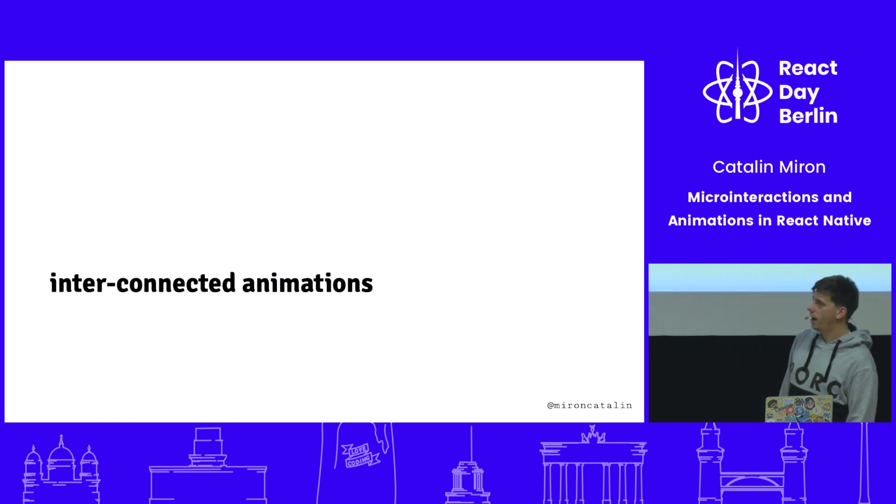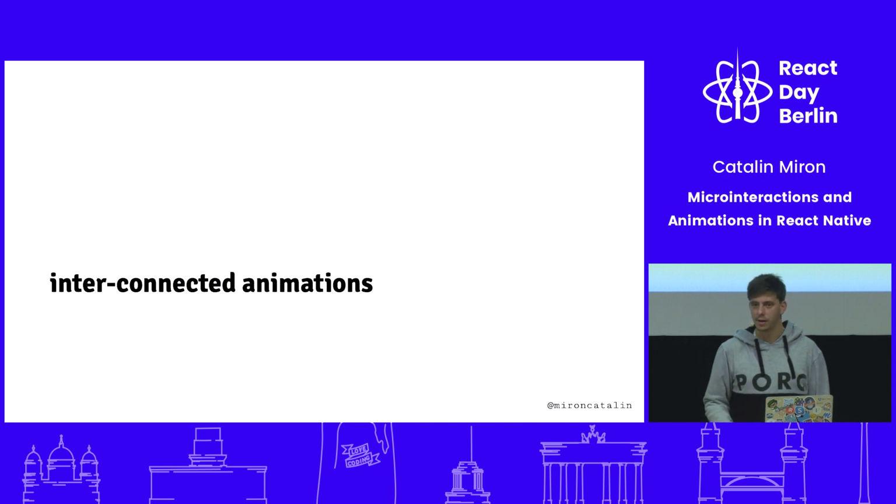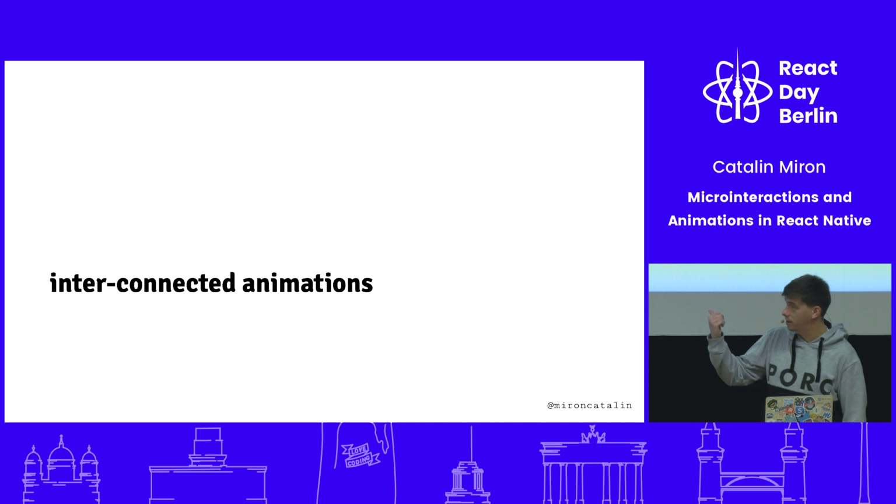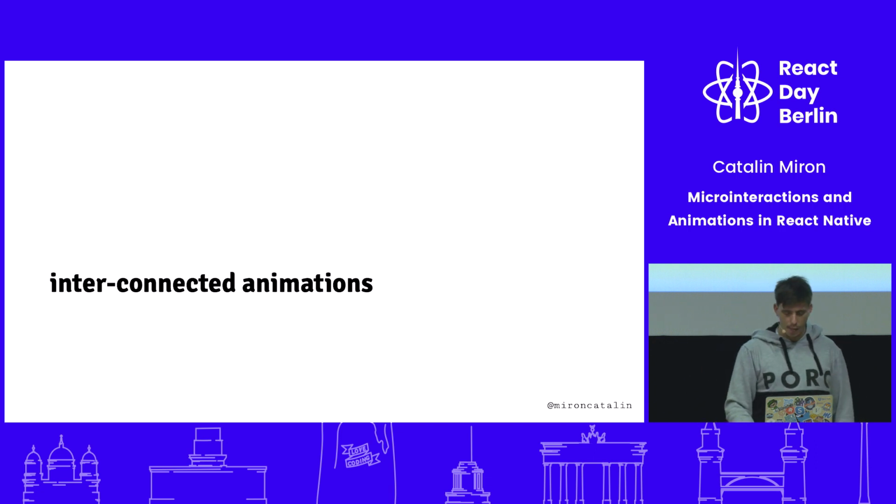Another one which I recently discovered is what I call interconnected animations. It's just my name. Maybe you can find a better name. I'm not even sure if I spelled it correctly in English.